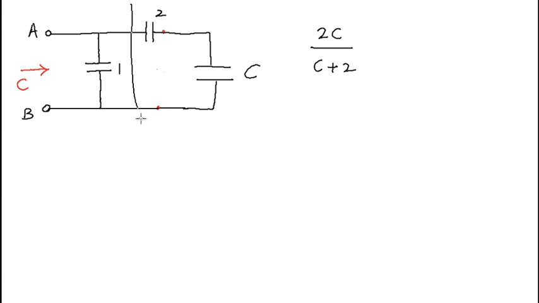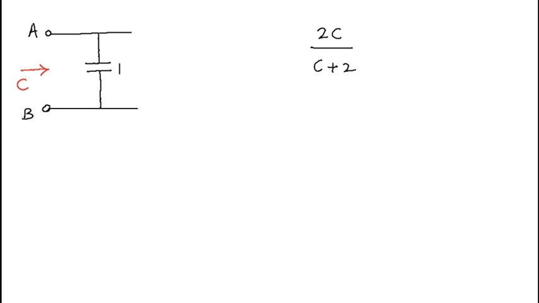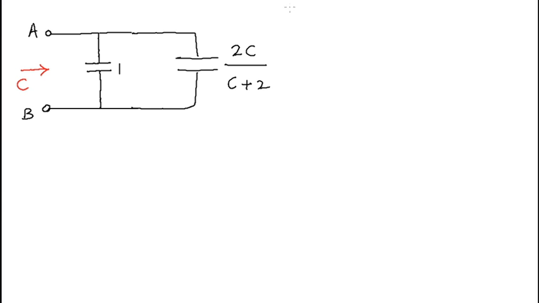So I'm going to cut this out like that, and I replace it with the capacitance (2C) divided by C plus 2, like that. And finally, we know that this particular parallel combination of capacitors is effectively 1 microfarad plus 2C upon C plus 2, and of course we know that it's going to be equal to C.